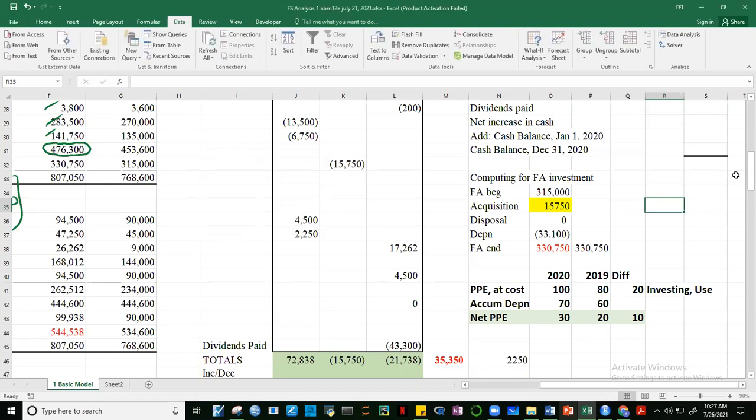Okay, ano lumalabas? Sorry. Bakit 15,750 pa rin? Is something wrong, guys, with what we did here?